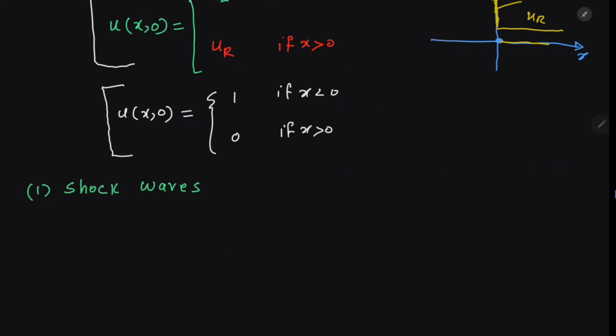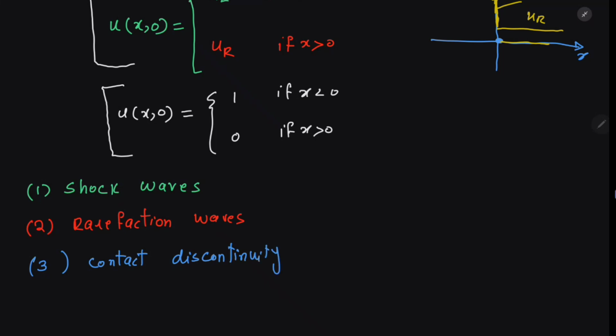Then there are different kinds of discontinuities. One is called rarefaction waves. And then we have, for example, contact discontinuity. So such kinds of waves will appear.